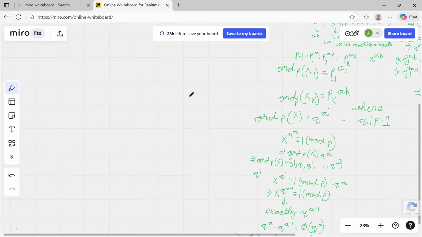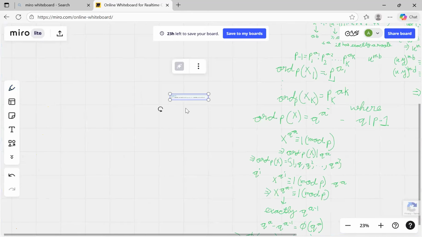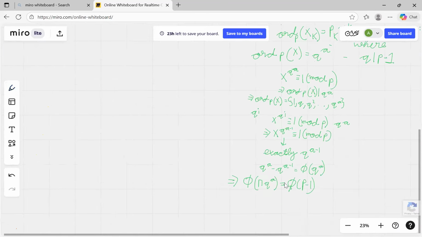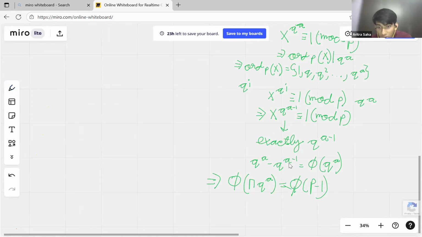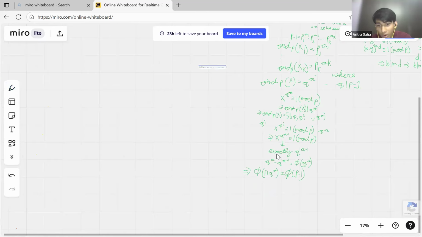Yeah, that's correct, but for the final conclusion, we can say it also. Those q to the power a roots and q to the power a minus 1 roots are all distinct. So there are q to the power a minus q to the power a minus 1 roots which are primitive roots. And if you take the product of all of them, they will all be distinct things.